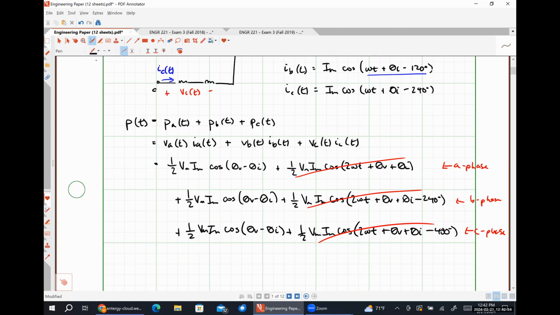So we wind up being left with 3 times the DC term, or 3/2 Vm Im cosine theta v minus theta I. What's interesting about that?